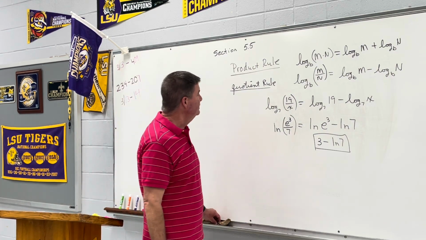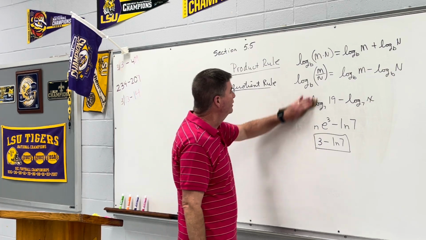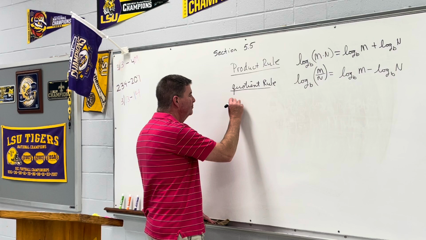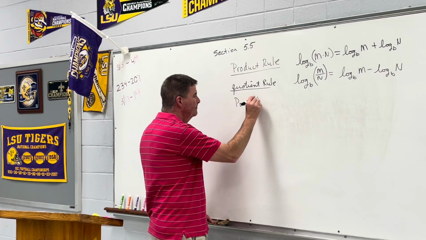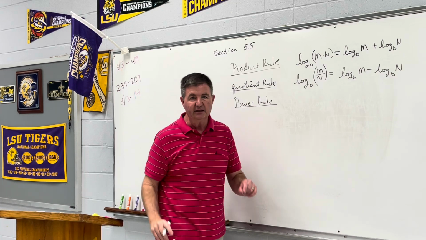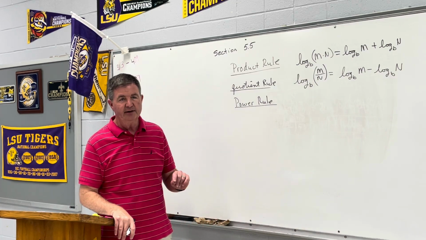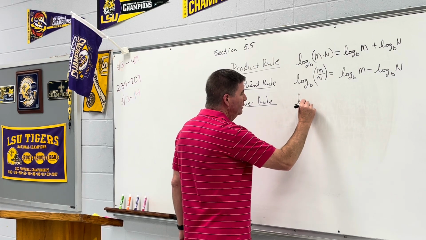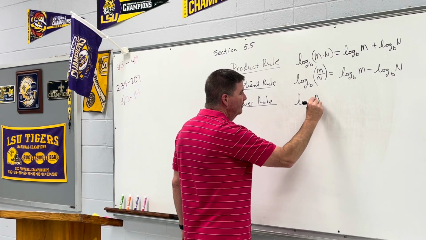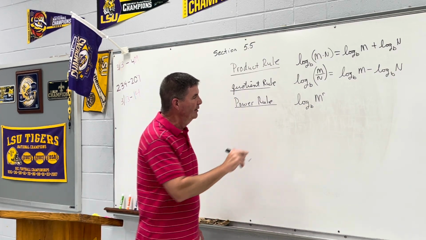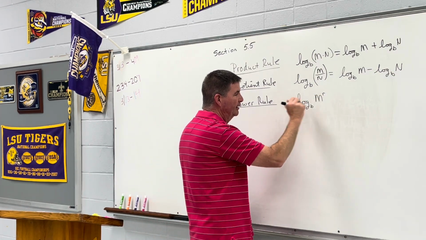And lastly, after the product rule and the quotient rule, we have something called the power rule. The power rule allows us to take the exponent and bring the power up front. So if I have log base b of m to the power of r, that would allow me to bring the power out front.